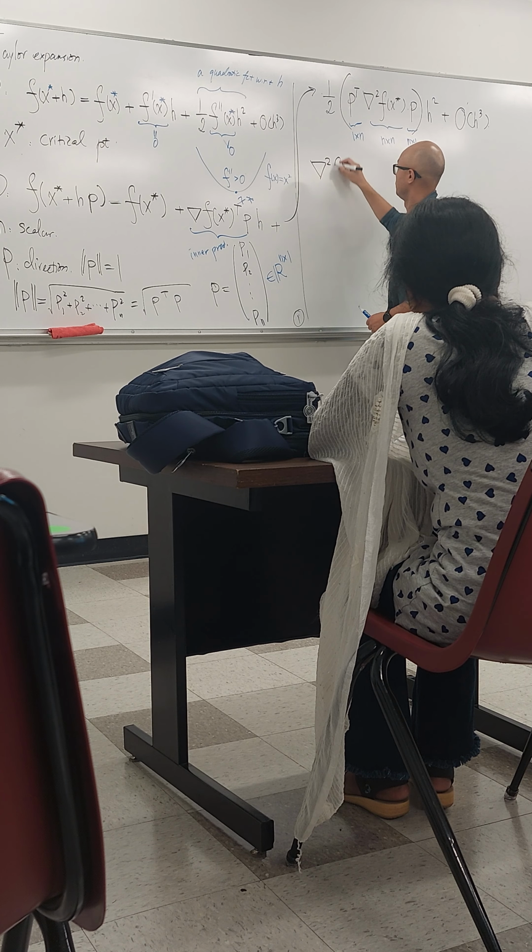This definition is equivalent to saying that for any vector V, V transpose A V is greater than 0. If this is true, we say A is positive definite, or PD.